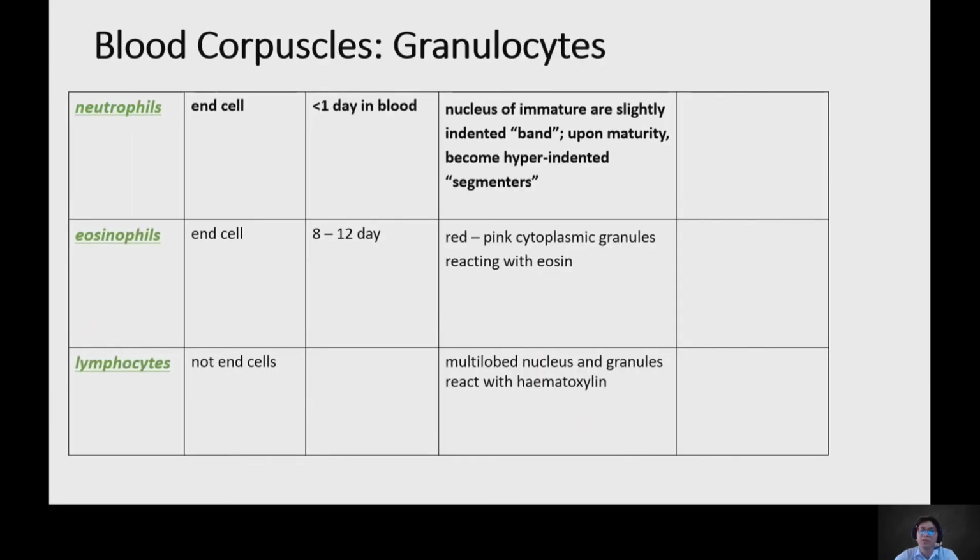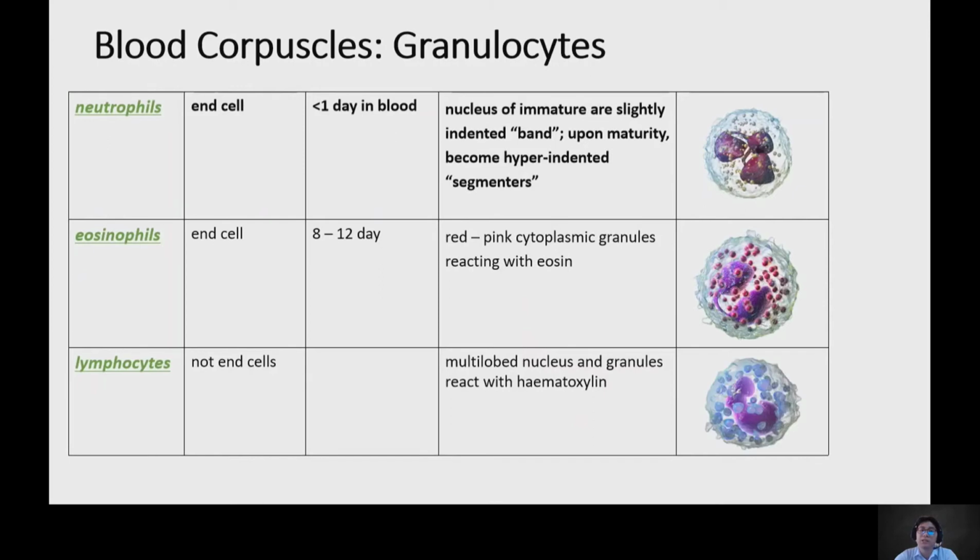Next here, we have a table of blood corpuscles, which are granulocytes, and granulocytes have granules present in the cytoplasm: neutrophil, eosinophil, and basophil. Neutrophils are N cells, and they only stay less than 1 day in the blood, and the nucleus of immature ones is slightly indented, or band in other terms, or upon maturity it becomes hyperindented, meaning segmenters.